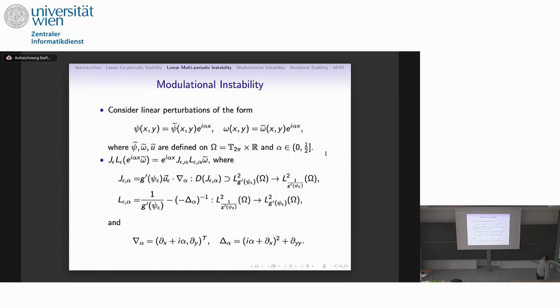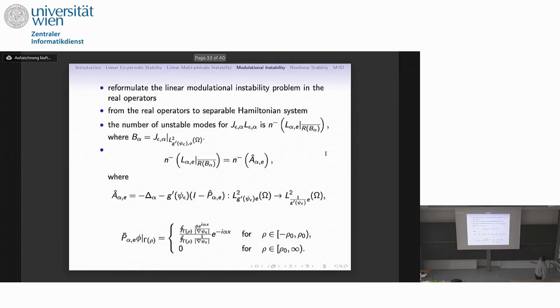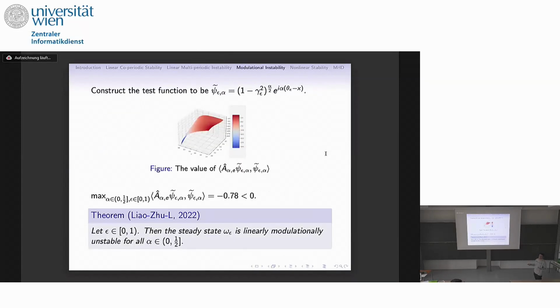Here we can take alpha between 0 and a half, because a general alpha can be reduced to this range. If alpha equals 0, then we know it's stable; it's the co-periodic perturbation. As long as alpha is not equal to 0, then we can actually prove it's always modulationally unstable. So this is another conclusion.